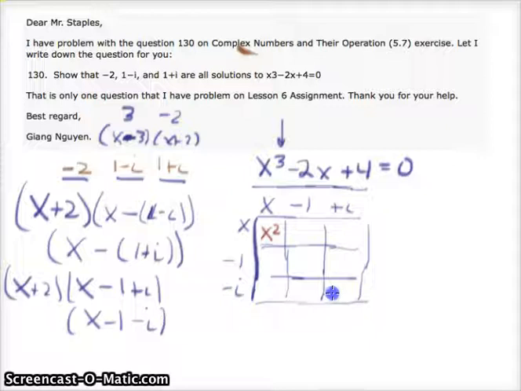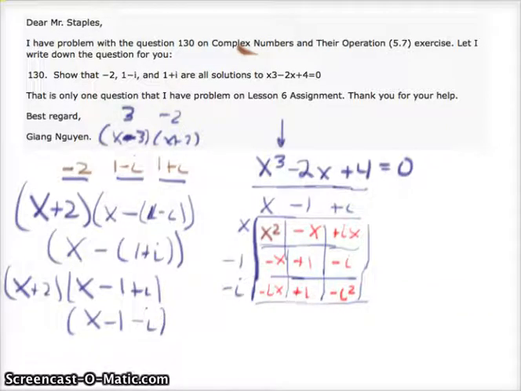This would be minus i squared. This would be negative x. This would be positive ix. This would be a negative x. This would be a plus 1. This would be a minus i. This would be minus ix. This would be plus i.